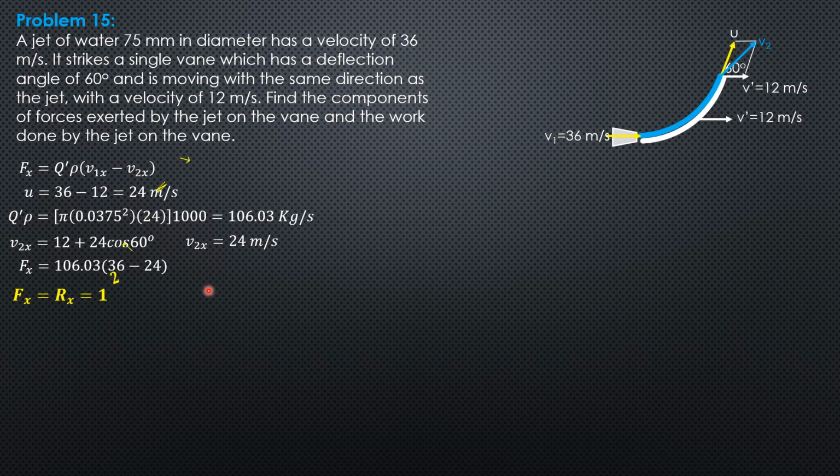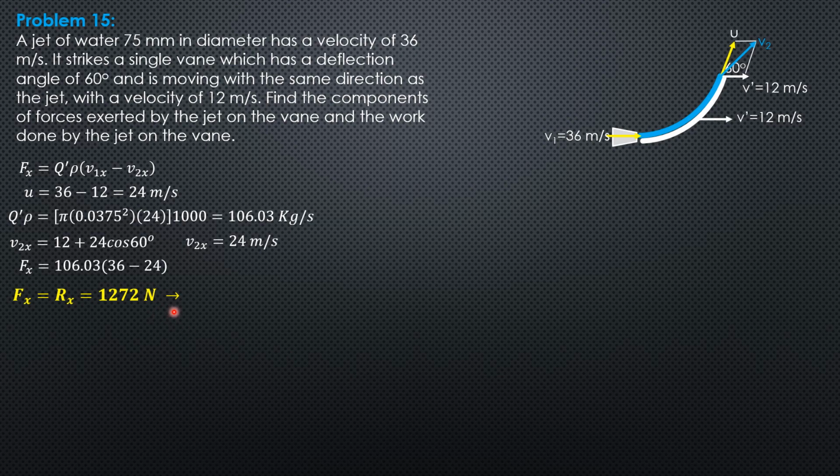So Fx is equal to Rx also, the resultant going to the right. The resultant force exerted by the jet on the vane is 1272 newtons rightward.